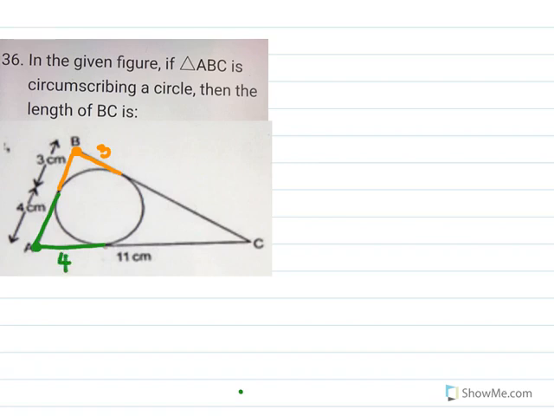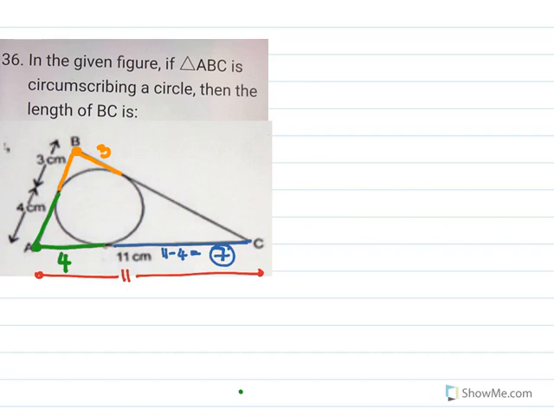However, this entire line from here to here is given as 11. And if this is 4, this remaining part would be 11 minus 4, and that's equal to 7. So this blue part that we have is 7.